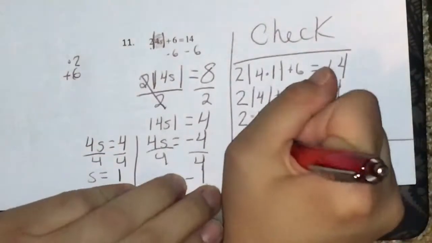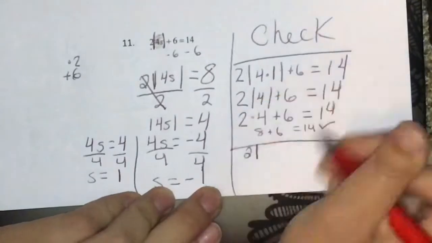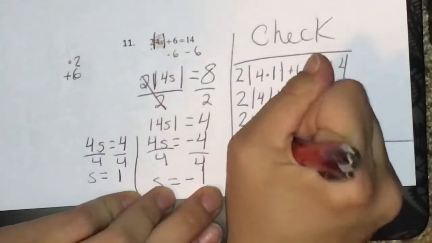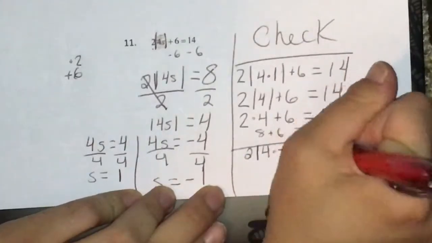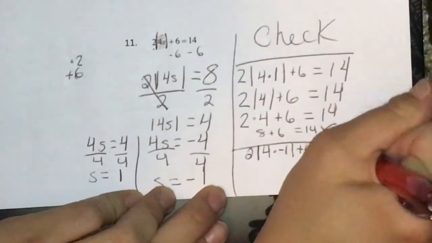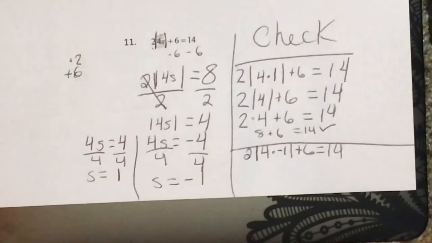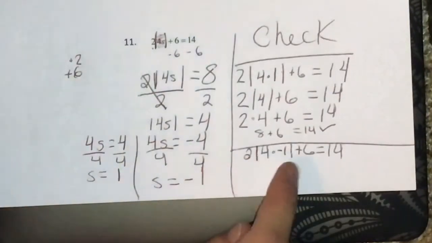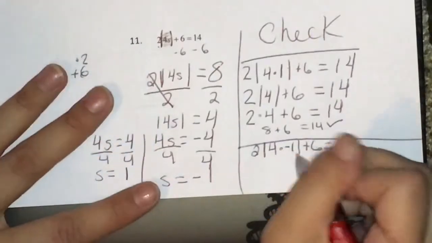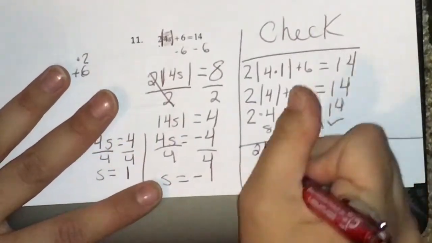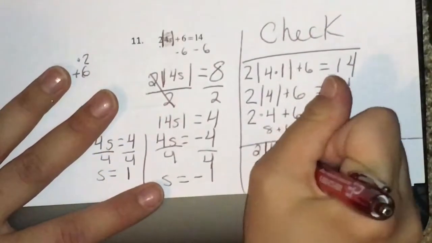Moving on to the next check. 2 times the absolute value of 4 times negative 1 plus 6 equals 14. Well, simplify what's inside the absolute value first. What is 4 times negative 1? It's negative 4.